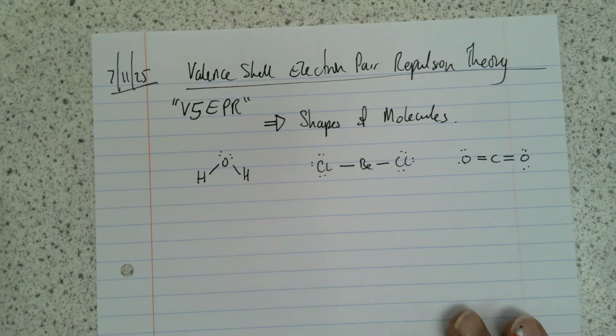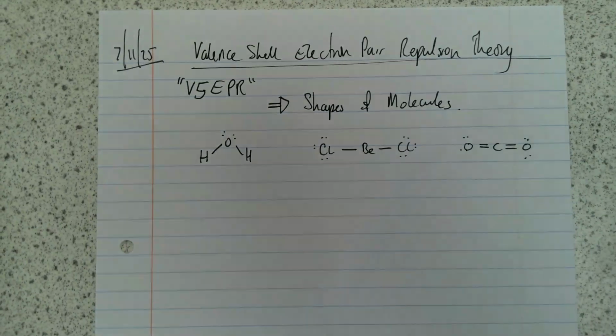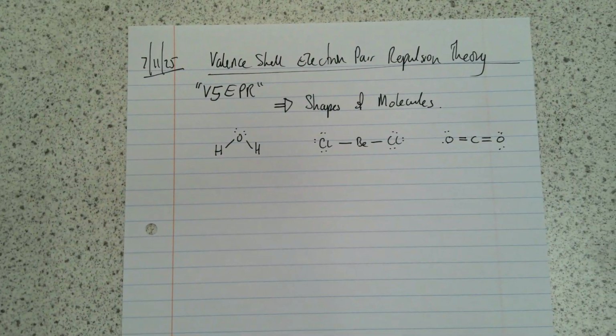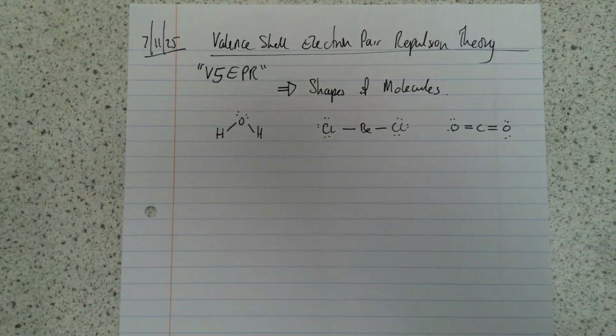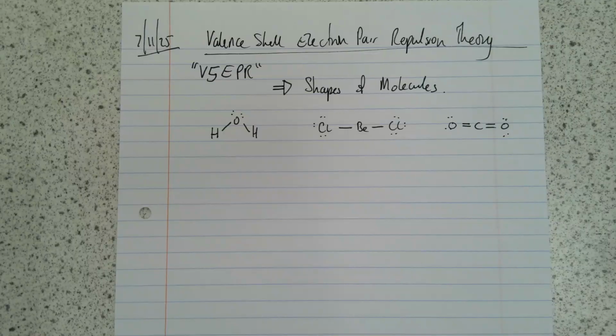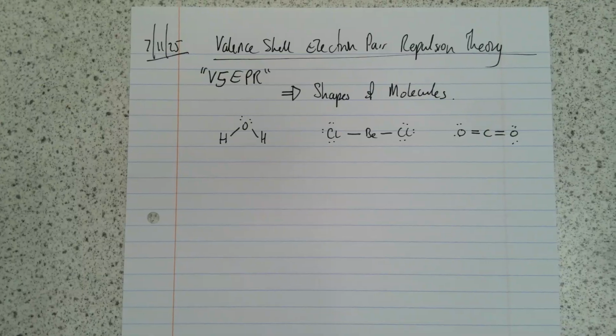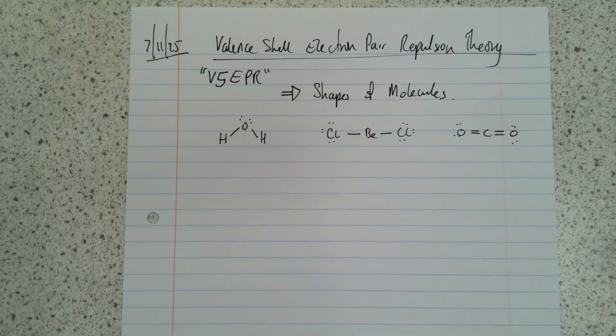and there are a number of ways of explaining the shapes of molecules. Some of them are more advanced than others, and one way of explaining the shapes of molecules is this somewhat simplistic idea. In other words, it's not completely true, all of it, but the somewhat simplistic idea of valence shell electron pair repulsion theory, which is a way of explaining the shapes of a whole bunch of molecules that you need to be familiar with.